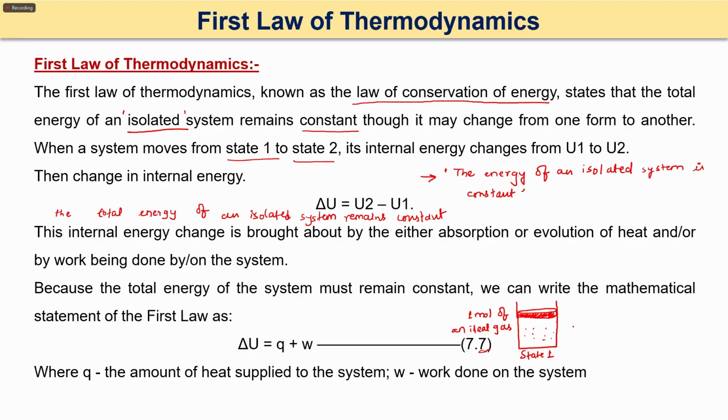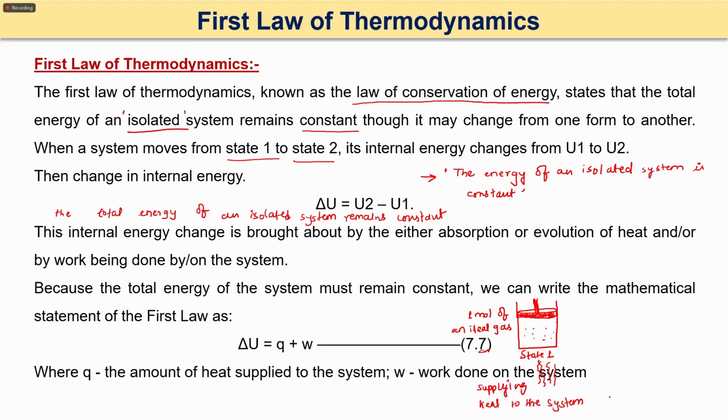Now let us consider this state 2. This is your piston. If we provide heat to the system, let's say we are supplying heat to the system, and how is heat denoted?